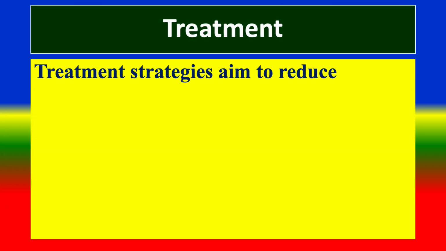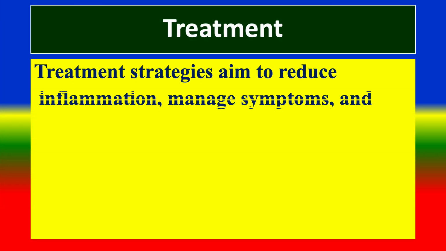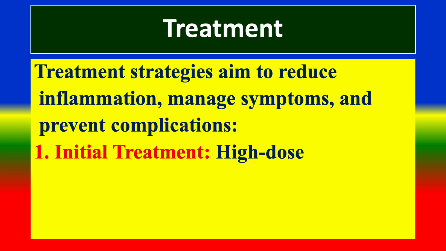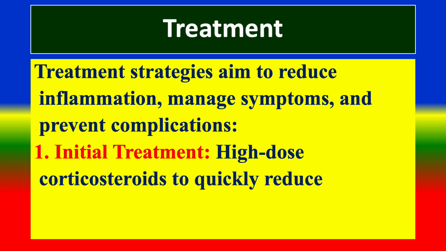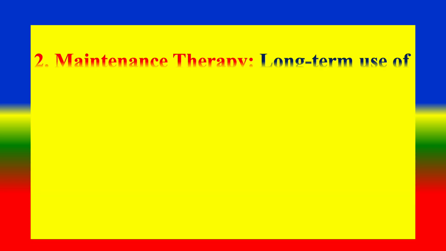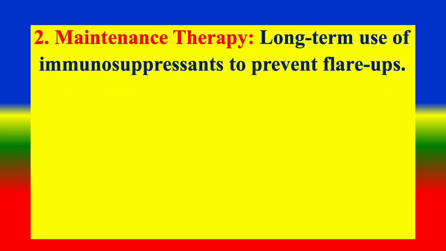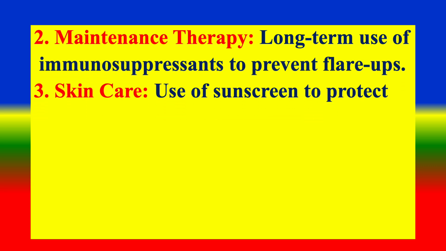Treatment. Treatment strategies aim to reduce inflammation, manage symptoms, and prevent complications. 1. Initial treatment. High dose corticosteroids to quickly reduce inflammation. 2. Maintenance therapy, long-term use of immunosuppressants to prevent flare-ups. 3.